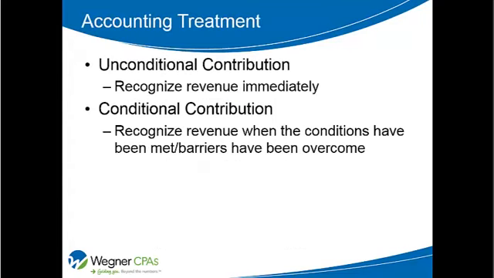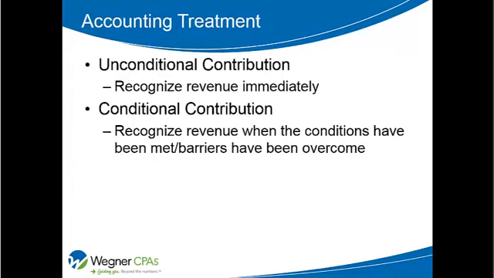Okay, if it's unconditional, so if there is no right of return or release, you recognize the revenue immediately. So whenever you receive the revenue or you receive the pledge, you're going to recognize it immediately. If it's conditional, so if there is the right of return or release and there is a barrier that must be overcome, you are not allowed to recognize the revenue until the condition has been met or the barrier has been overcome.